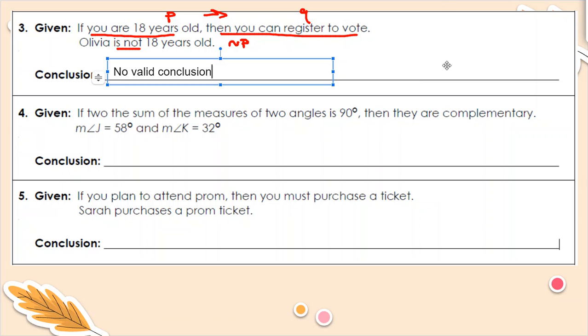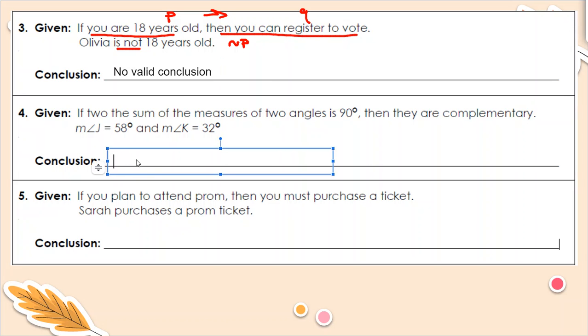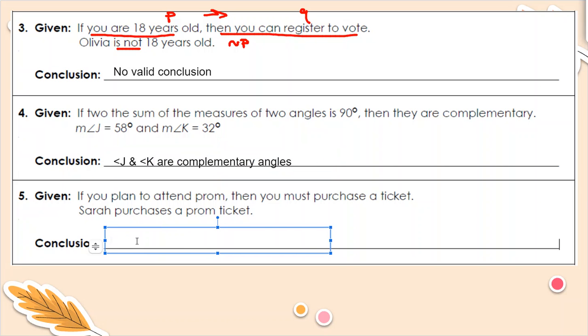Go ahead and try 4 and 5 on your own. Pause this video and see how you do. Okay, so you should have come to the conclusion for 4 that angle J and angle K are complementary angles, and for 5, that there is no valid conclusion.